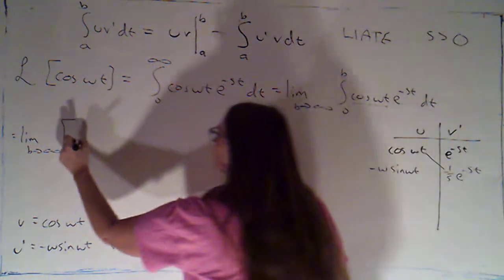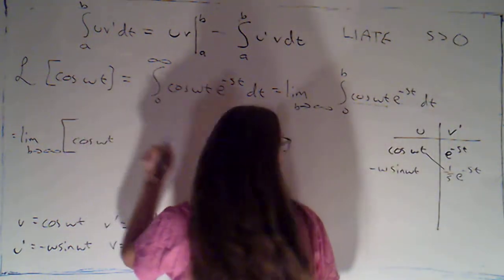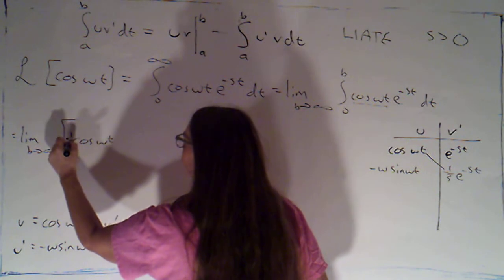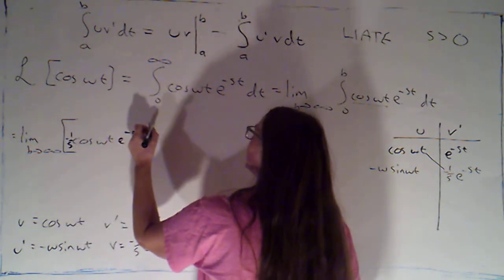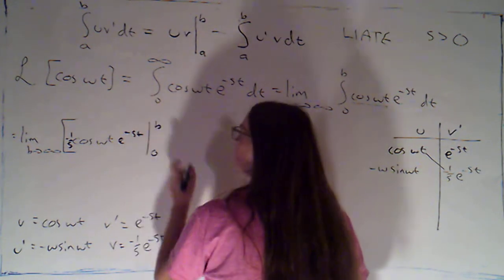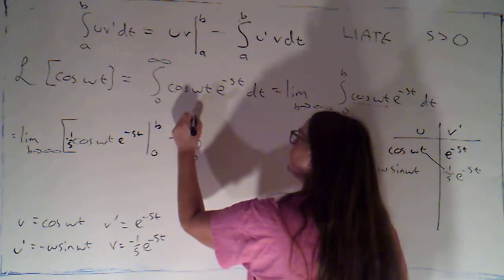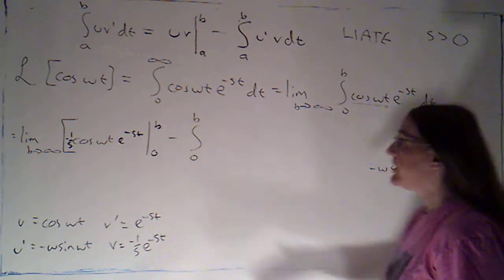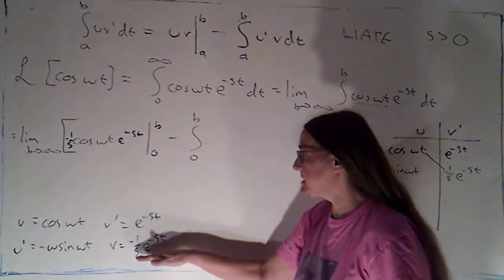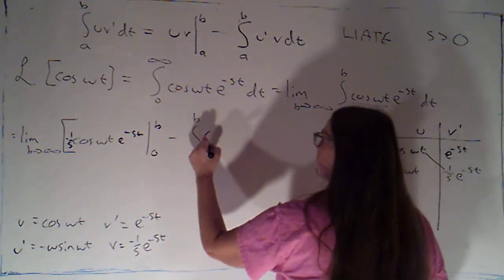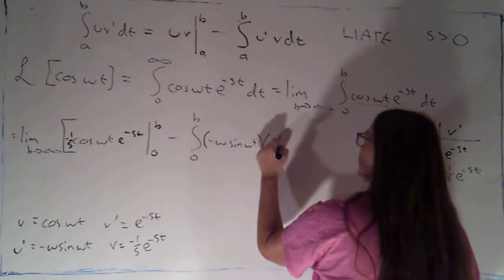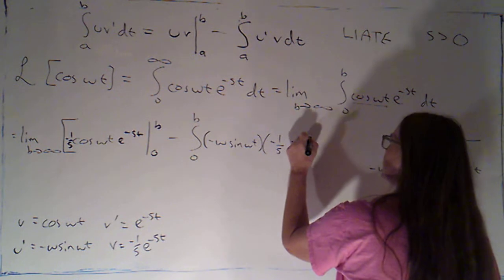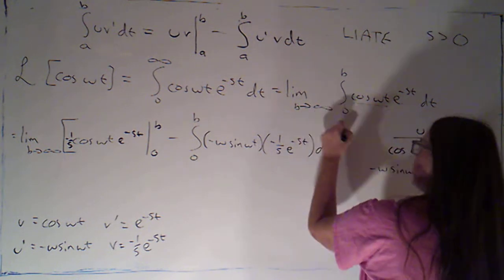So I'm going to get cosine omega t times a negative 1 over s, I'll just put that at the front, e to the negative st, and that's evaluated between b and 0, minus the integral from 0 to b of u prime times v. So that's negative omega sine omega t times negative 1 over s e to the negative st dt.